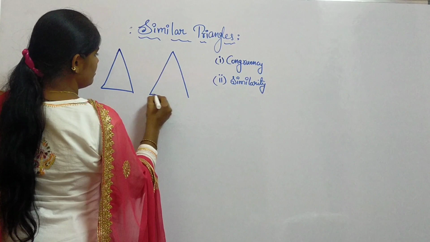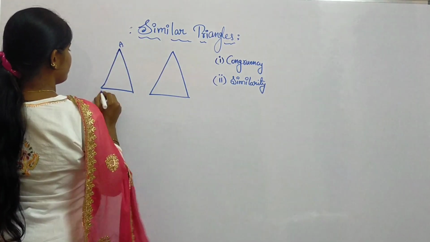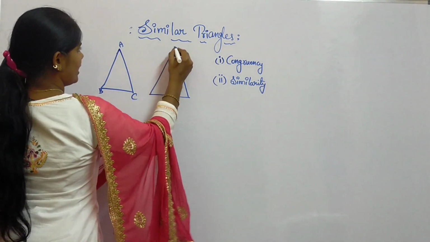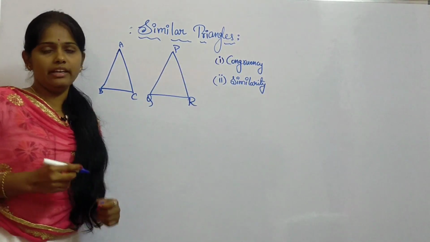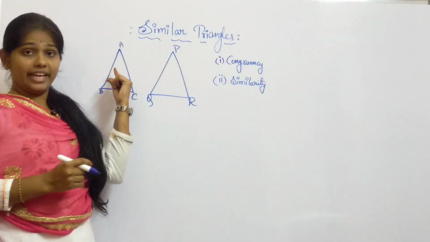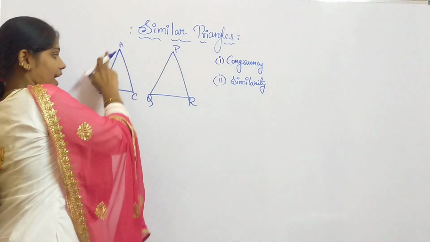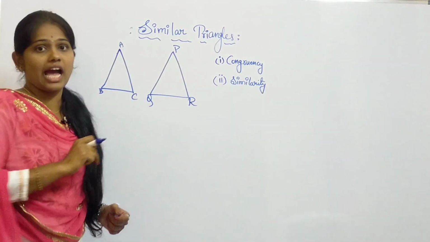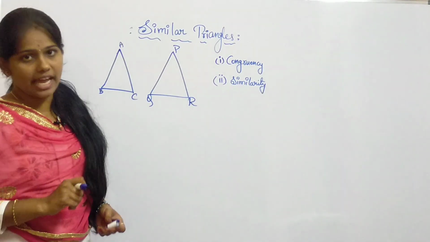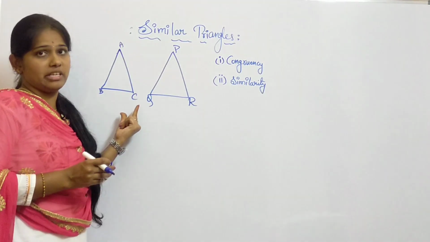Triangle ABC and triangle PQR. Here for the triangle ABC, AB, BC and AC are said to be corresponding sides of the triangle ABC.